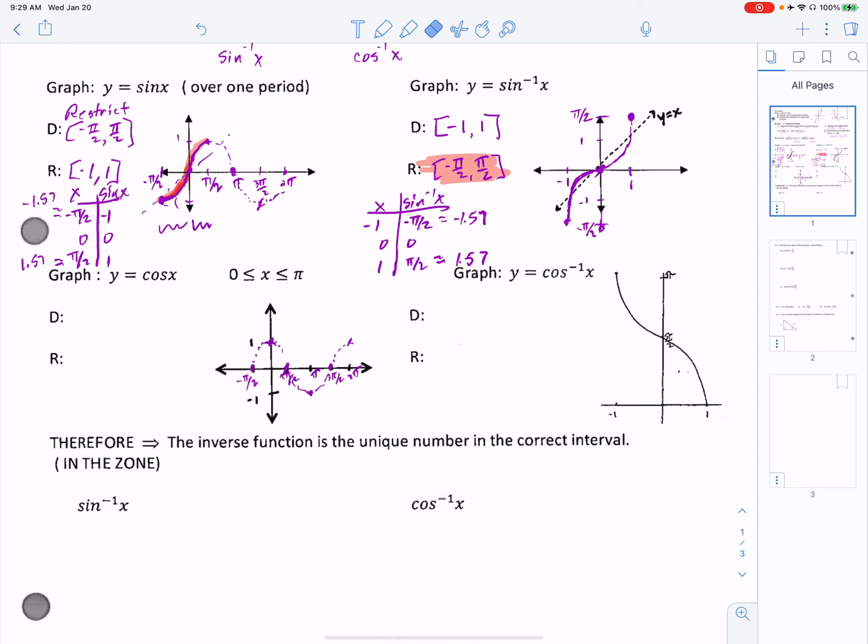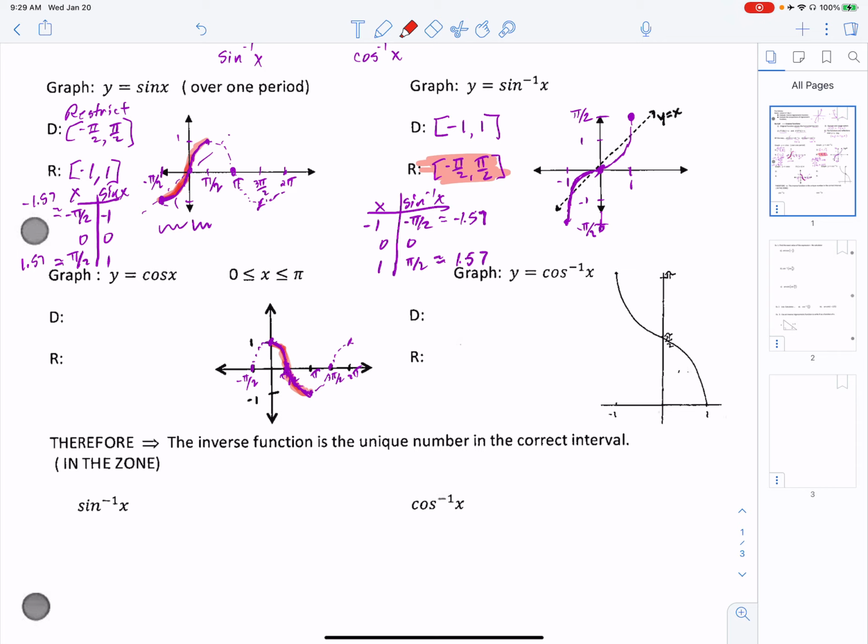So on this graph, we are going to be using from 0 to pi as our restriction. So that's what we have to restrict to so that the entire interval is decreasing. And I also get the range to be from 1 to -1. I get all of the outputs of cosine.